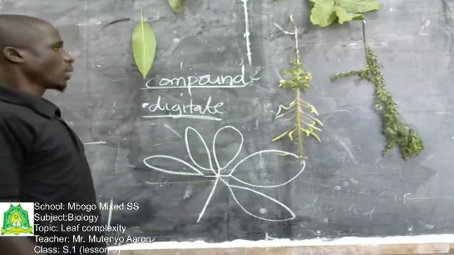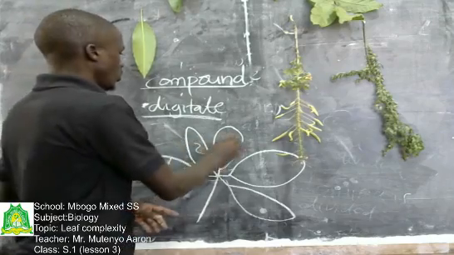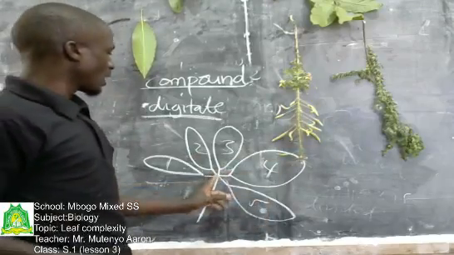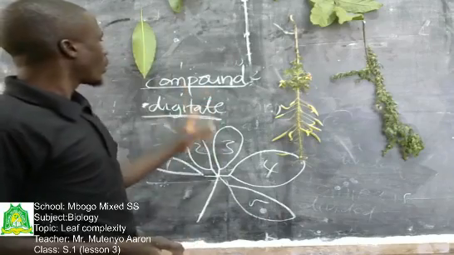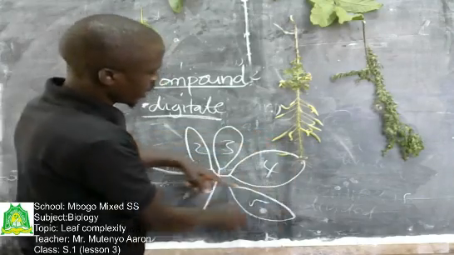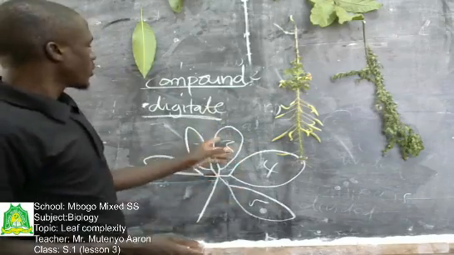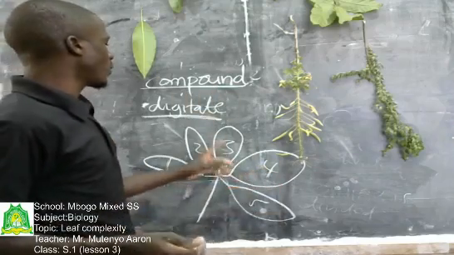So these ones, they are around 1, 2, 3, 4, 5 leaflets which are attached on one stalk. Now these ones are said to be compound digitate. Compound because the leaflets are fully divided, up to the midrib, the main leaf, so they can be referred to as compound for that reason. Now digitate, because these are in form of digits.